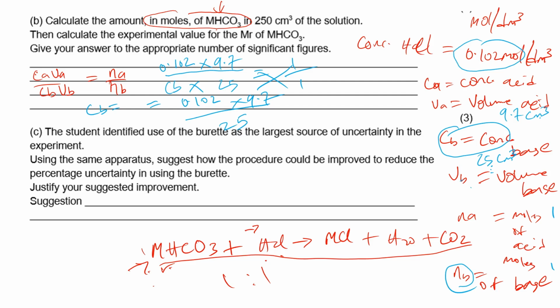If you multiply and divide, we get 0.9894 divided by 25, and that will give us 0.0396 moles per dm³.